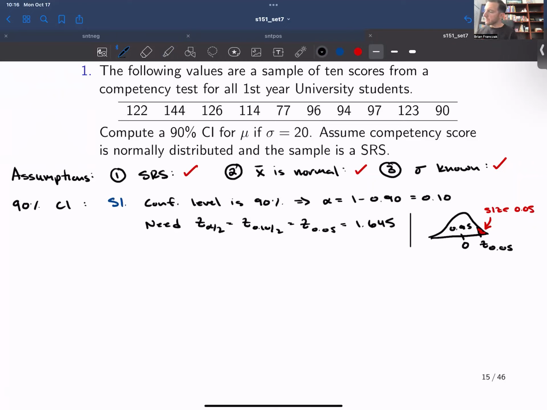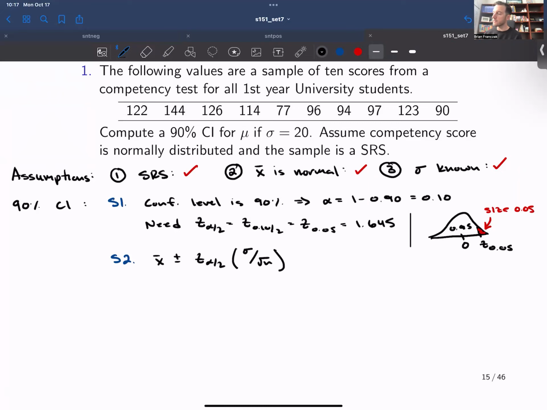All right, so now that we have the z-score, we have to compute our interval. The formula for the interval is x bar plus or minus z alpha over 2 multiplied by sigma divided by the square root of n. Now, we're given sigma, that's 20. Little n is the sample size. There are 10 observations in this table, so little n is 10.